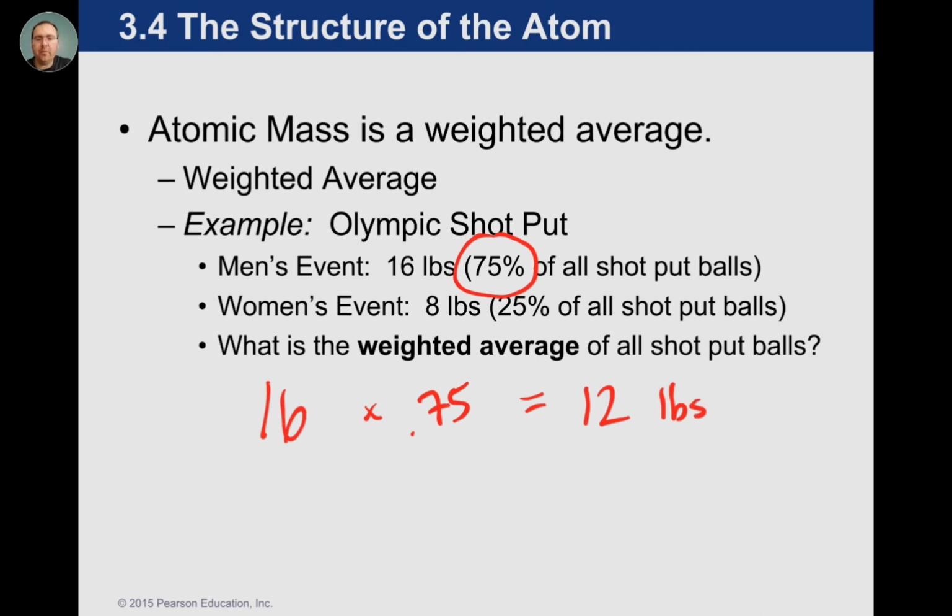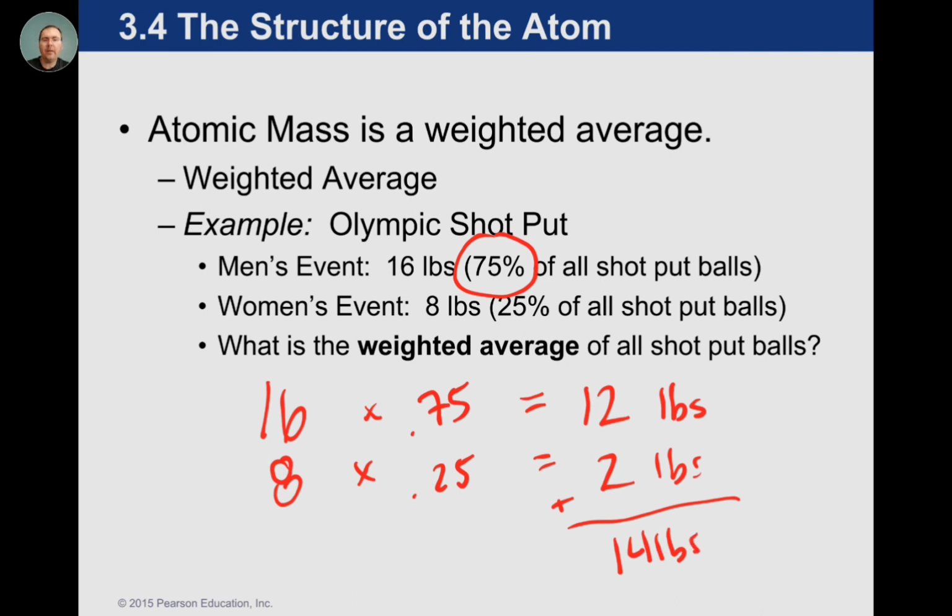If we do the same thing for the women's event, their shot put balls weigh only 8 pounds. So we take 8 times the 0.25. We're going to get a quarter of 8, which is 2 pounds. Add that together, we get 14 pounds as a weighted average.